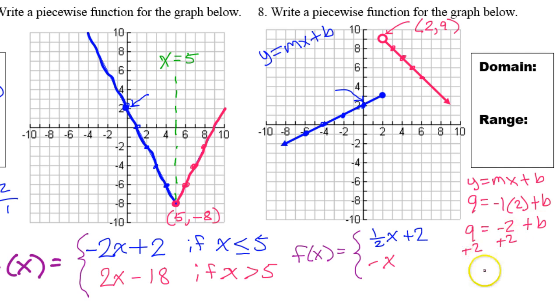Add 2 to both sides, and that is 11. So b is 11, so that means negative x plus 11. All right, and you could probably have guessed that by extending the line. If I just kept going up 1, left 1, it would have hit right here. We could have figured out it was 11, but that's good practice.